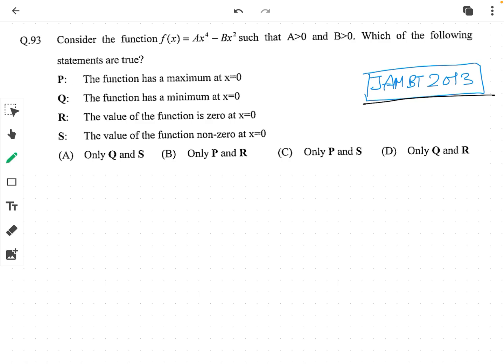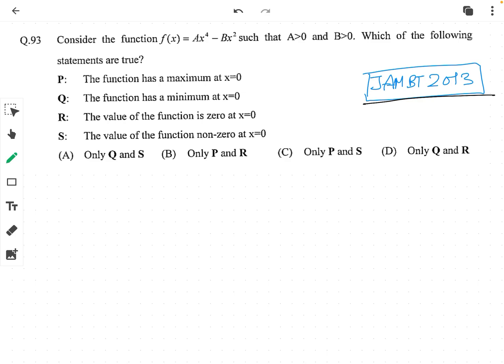Consider the function f(x) equal a x to the power 4 minus b x square such that a is greater than 0 and b is greater than 0. Which of the following statements are true? P, the function has a maximum at x equals 0. Q, the function has a minimum at x equals 0. R, the value of the function is 0 at x equals 0. S, the value of the function is non-zero at x equals 0.